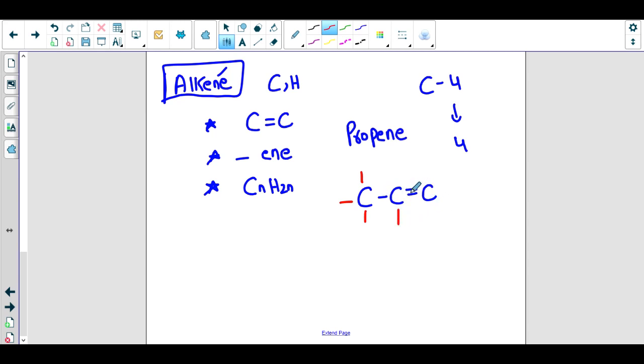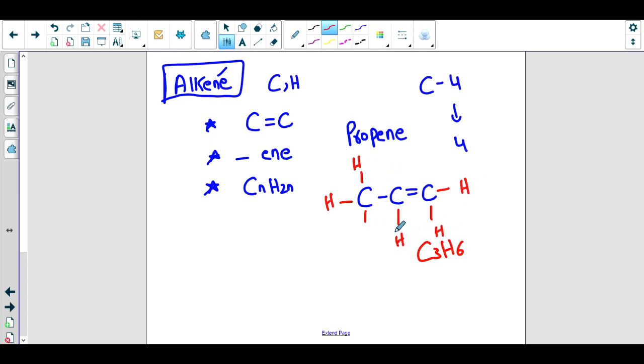4, 5, 6, 7, 8. When you take 4, you don't count these two, so it will not create a mistake. You have 4, how many here? 5, 6, 7, 8. So if you count how many hydrogens there are, 1, 2, 3, 4, 5, 6. So it's C3H6, and these are all hydrogens.